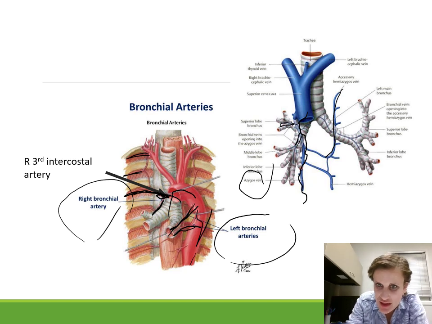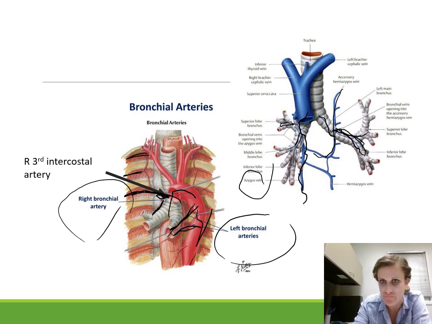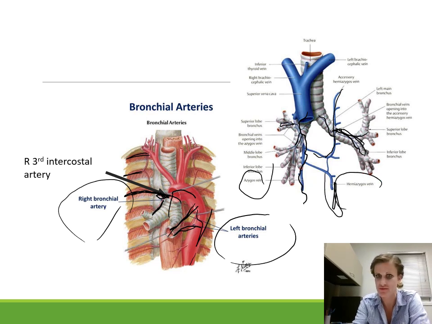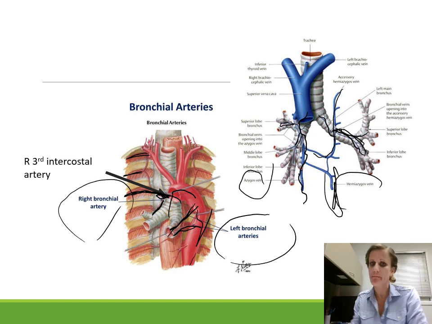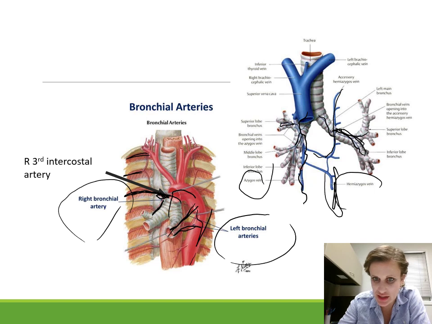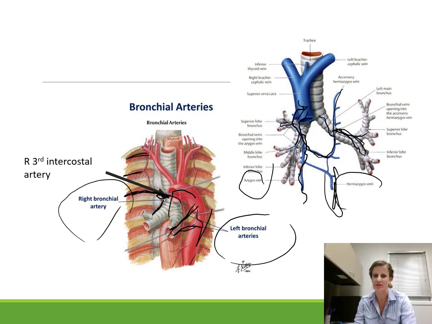And you can see the accessory hemiazygous is draining the left bronchial veins. Okay, so you see them coming up the bronchi, draining into the accessory hemiazygous. The hemiazygous goes down in this region, the accessory goes up. And then again, you can see this ultimately all comes up and goes into the superior vena cava. And then from the superior vena cava, it'll drop down into the right atrium.